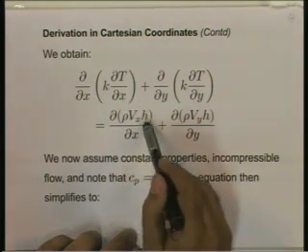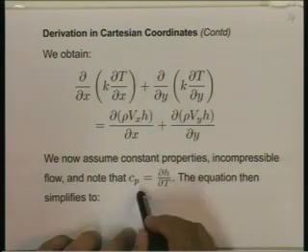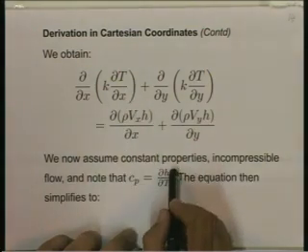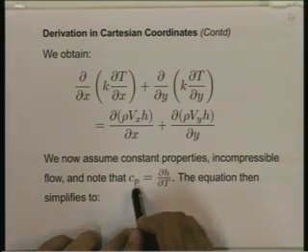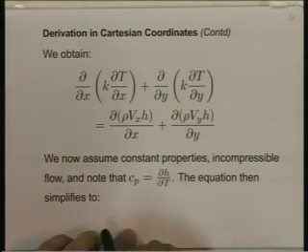So we relate enthalpy to temperature by noticing that the derivative of enthalpy with temperature is defined as the property Cp, specific heat at constant pressure.